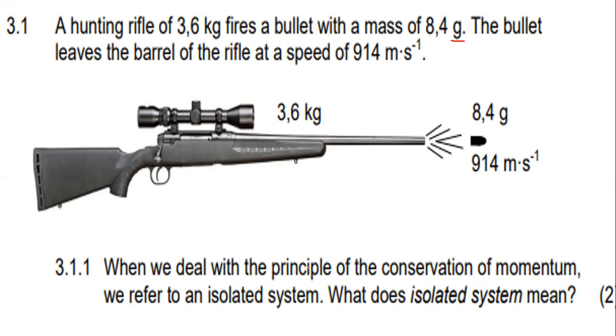Now, let us analyze this particular situation. We can deal with it before the firing as well as after the firing. Before the firing, you will agree with me that the rifle itself was stationary, and the bullet was still within the rifle, so it was stationary.